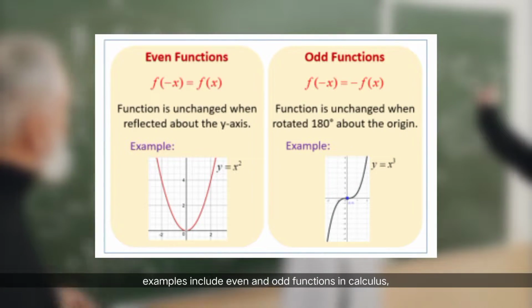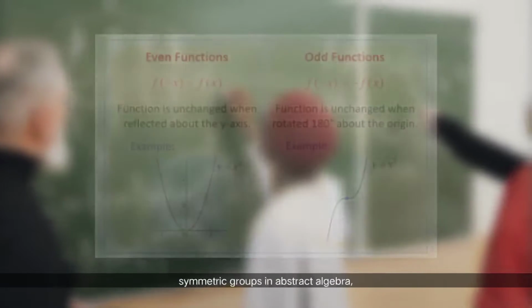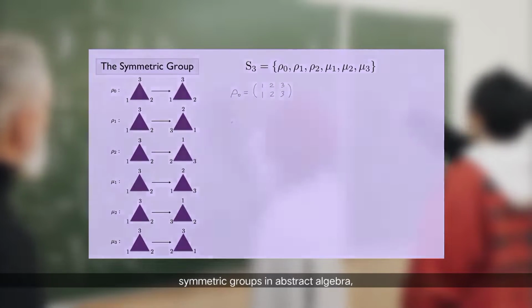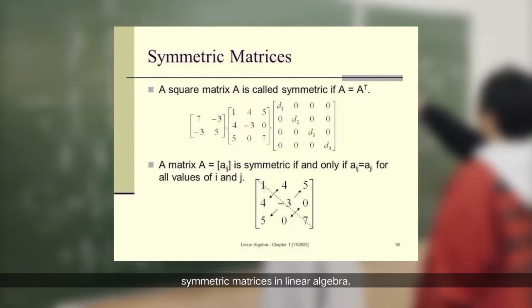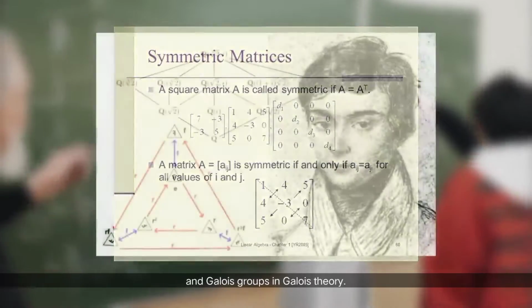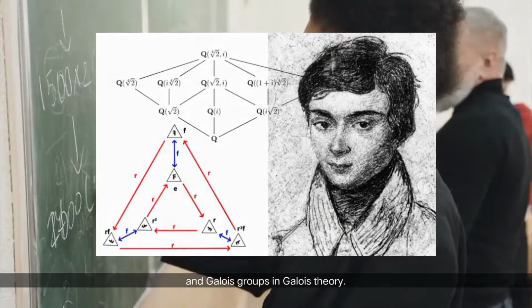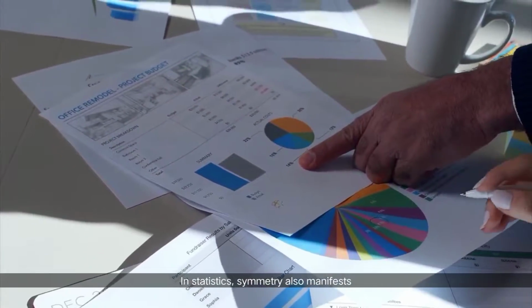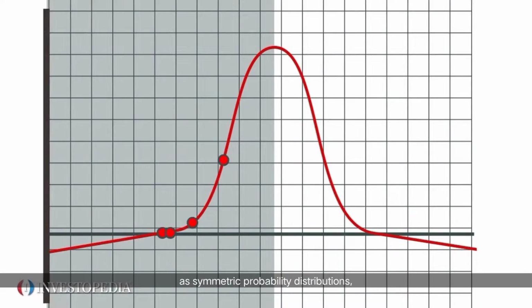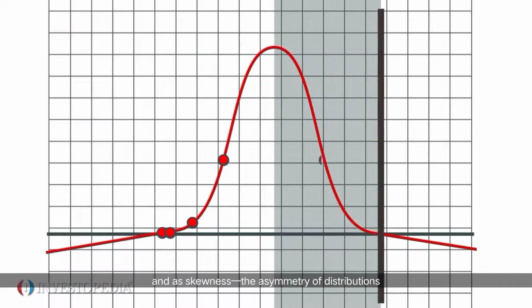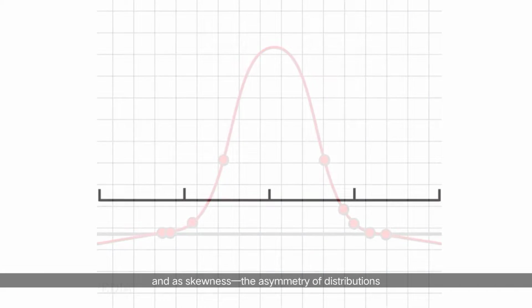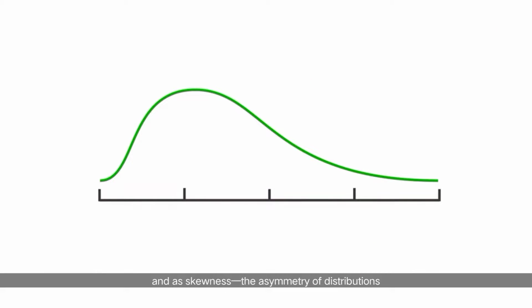Examples include even and odd functions in calculus, symmetric groups in abstract algebra, symmetric matrices in linear algebra, and Galois groups in Galois theory. In statistics, symmetry also manifests as symmetric probability distributions, and as skewness, the asymmetry of distributions.